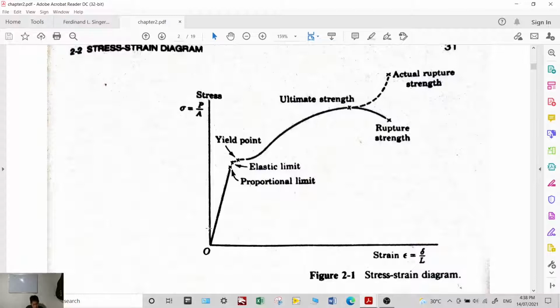Okay, meaning as you increase the force, the elongation also increases in a linear fashion until such time that it reaches this proportional limit. Okay, so below the proportional limit, if you apply a force to a material, it will go back to its original shape.